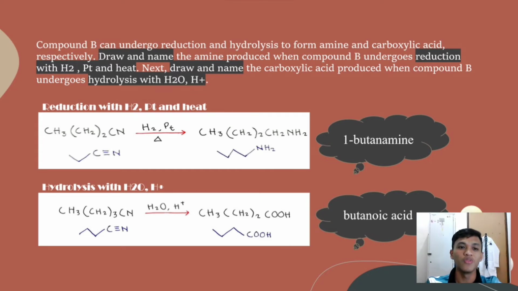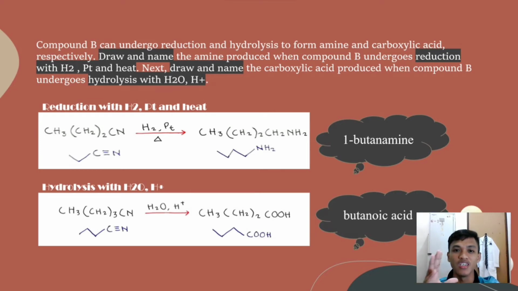Before this, we know that compound B is 1-cyanopropane. So 1-cyanopropane can produce two products through two reactions, which are reduction and hydrolysis. First reaction: compound B, 1-cyanopropane, undergoes reduction to form amine. 1-cyanopropane is heated with reagent H2, hydrogen gas, and Pt, platinum, to produce 1-butanamine.